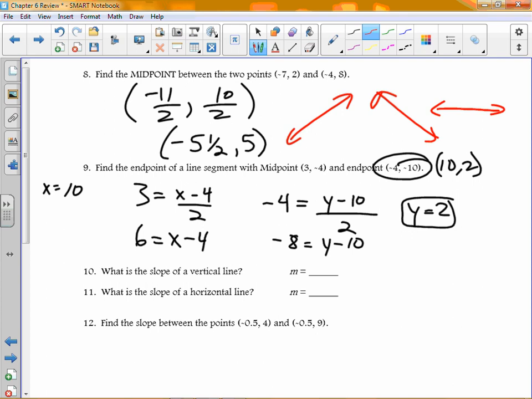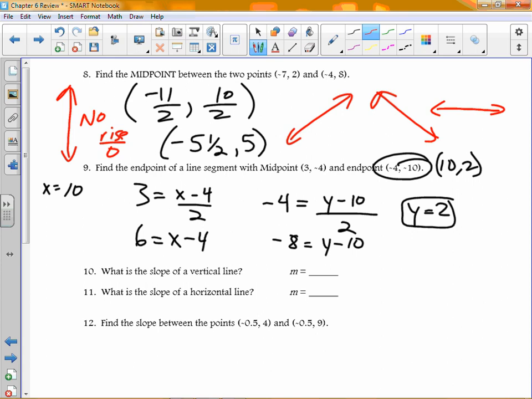If I'm a skier and I'm sitting on a horizontal line, I'm not going to go anywhere. I'll just stand there. If I'm sitting on a vertical line, I'm not skiing, I'm falling. That's no slope. Where's the zero at? Underneath, undefined. The zero is underneath here.